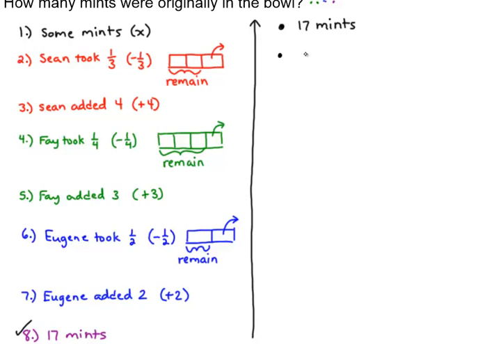So before Eugene added 2, there was 17 minus 2, there was 15.